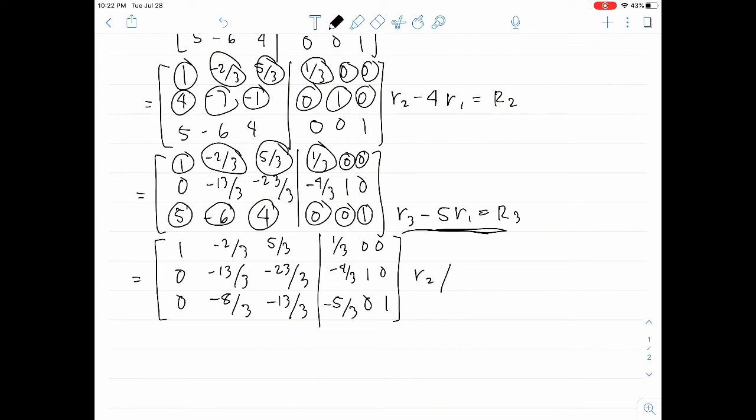Since it is a fraction, just multiply by its reciprocal. So multiply by negative 3 over 13 to get the new R sub 2.